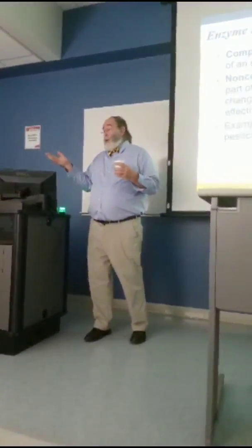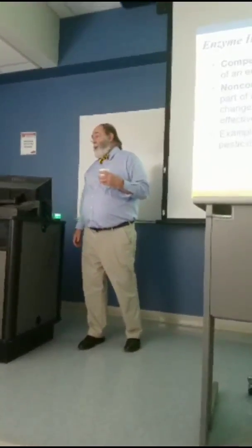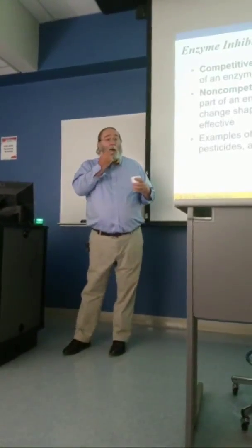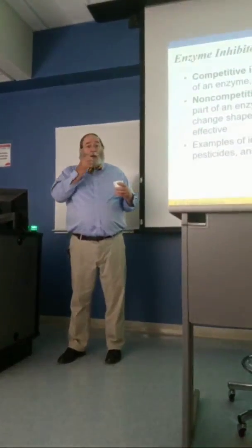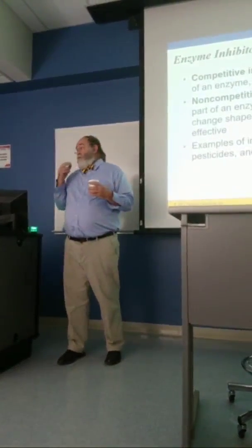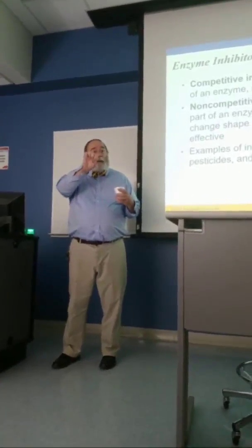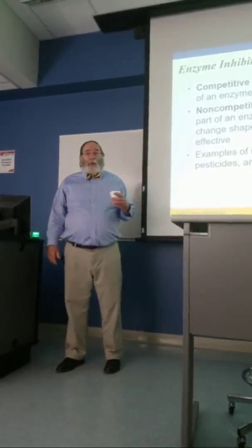So you can't make too much product. You can do that with medicines. If you've got some diseases that are controlled or affected by enzymes, and there's very few that are not, if you can shut down an enzyme, that medicine acts as a block. It bonds to the enzyme so the substrate can't, so you don't get too much of the bad product produced.